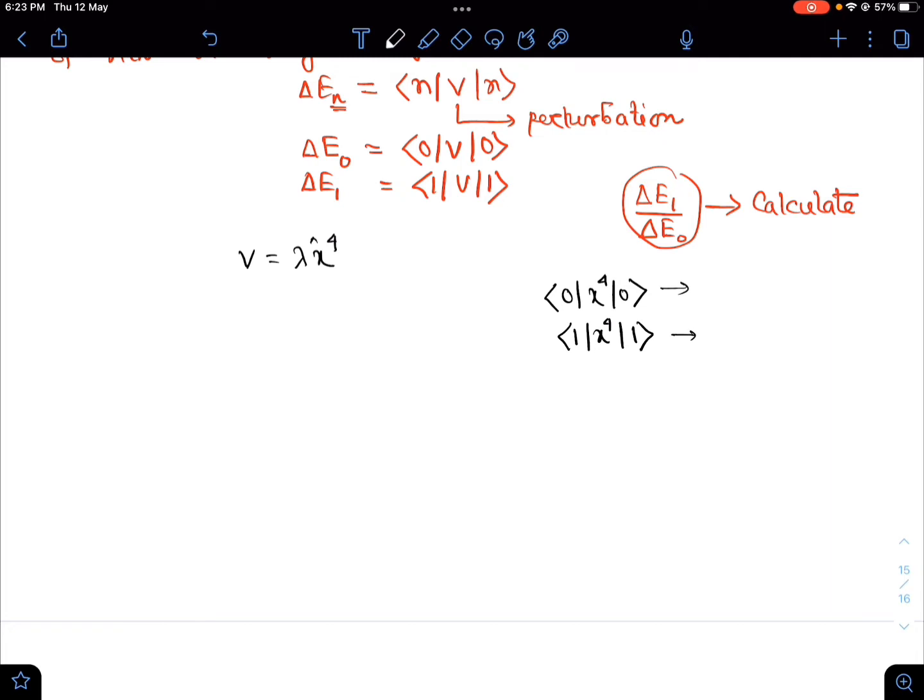So we know that the position operator x is defined as root over h cut by 2m omega times (a plus a dagger), where a dagger is the raising operator and a is the lowering operator.